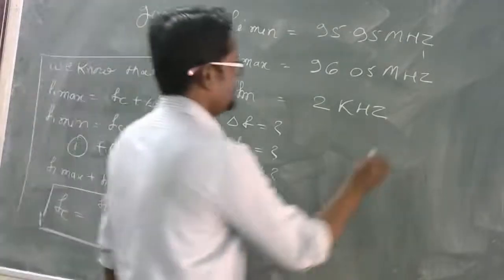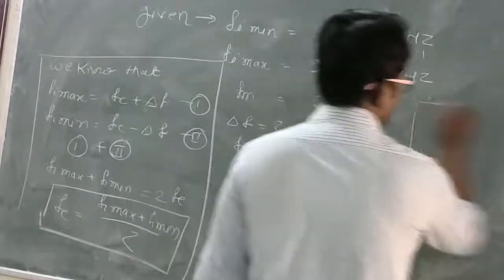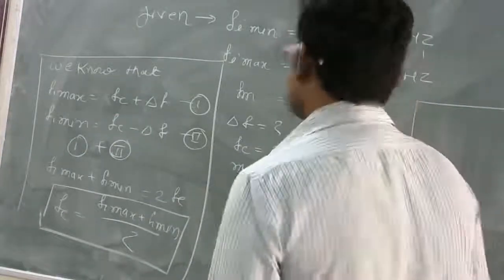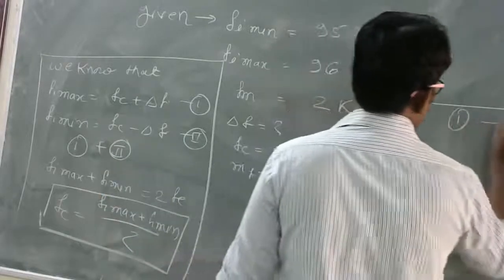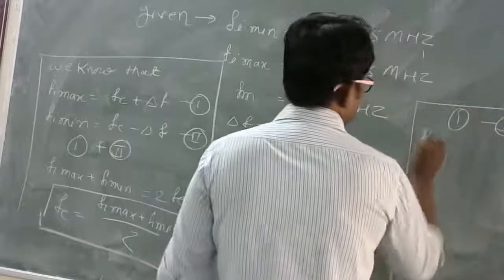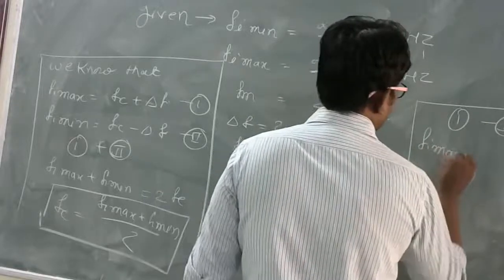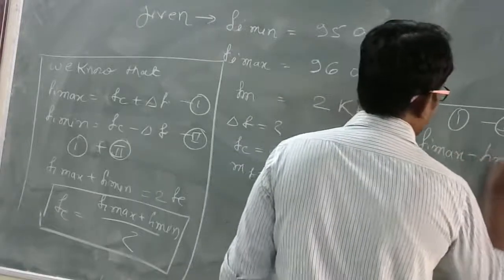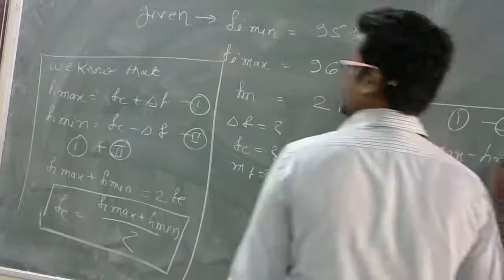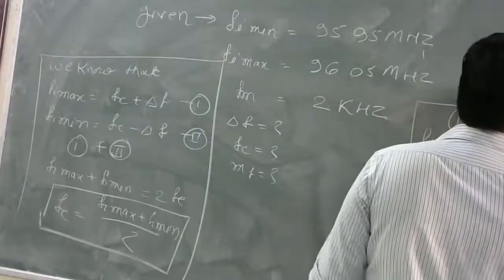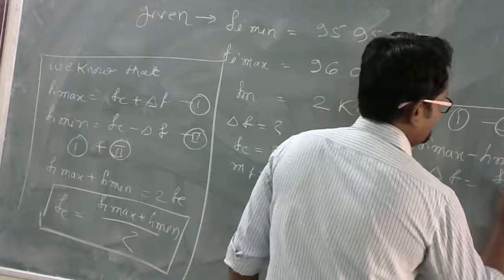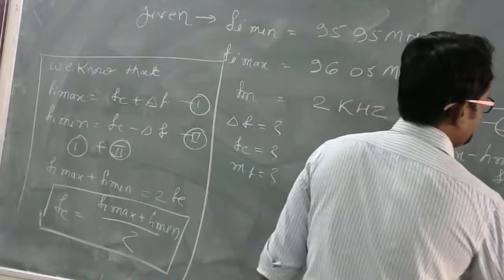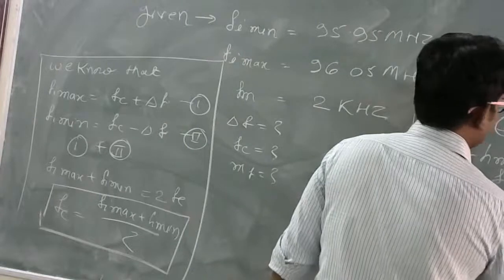Now, how can we calculate the other parameters? To calculate other parameters, we subtract equation number 2 from equation number 1. So Fi max minus Fi min, we will get 2 del F. So del F equals to Fi max minus Fi min divided by 2.